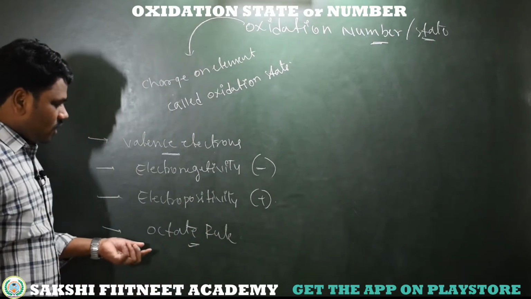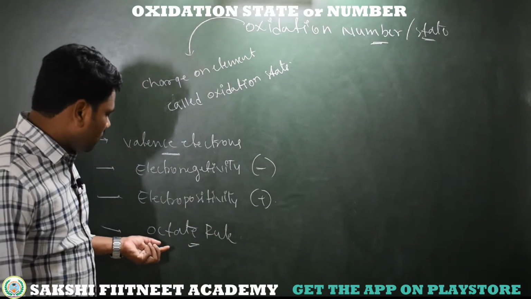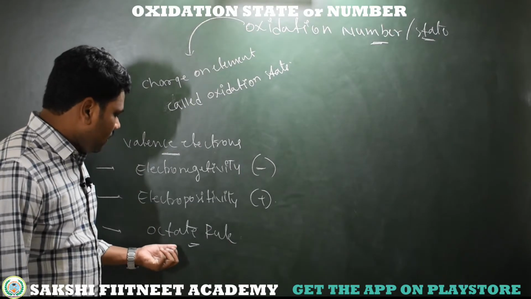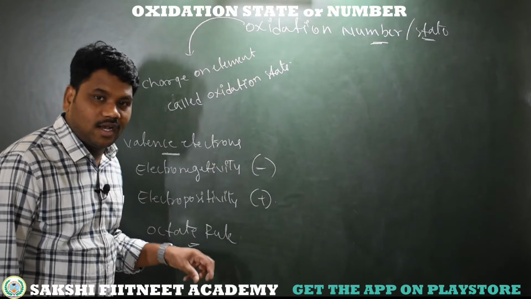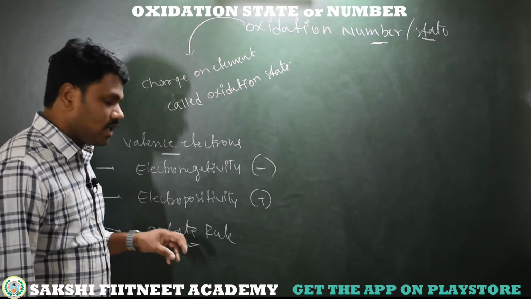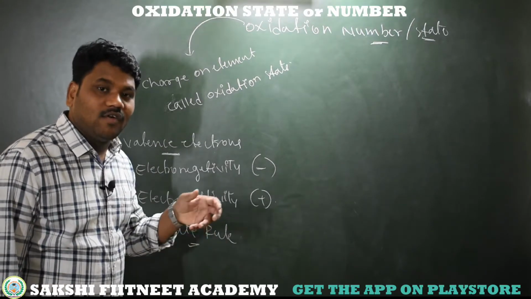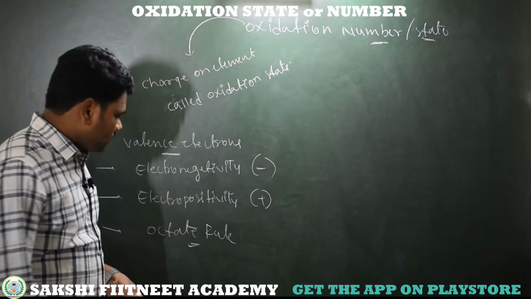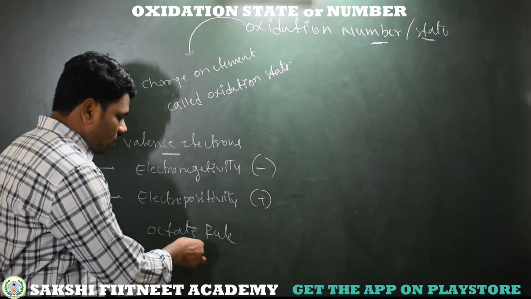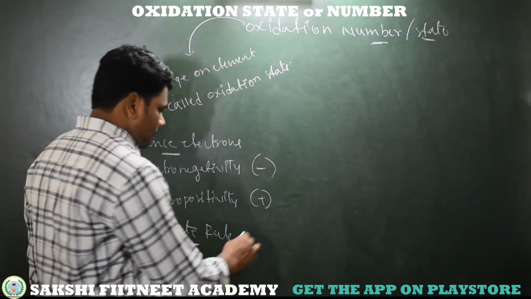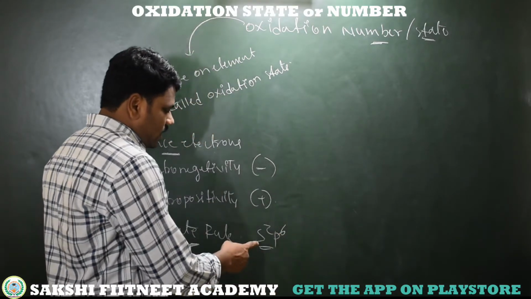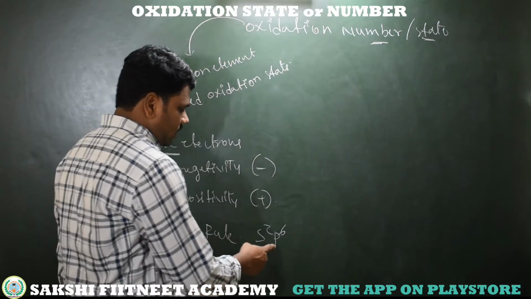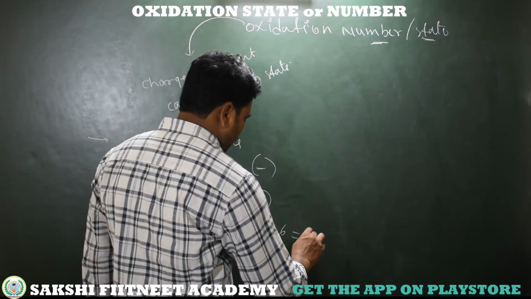So what is the octet rule? I think you have learned about this octet rule. The element always tries to maintain 8 valency electrons, that means 8 electrons in its valency shell. That is called the octet rule, as an s2p6 configuration. See here, the s orbital has 2 electrons, the p orbital has 6 electrons, so a total of 8 electrons.